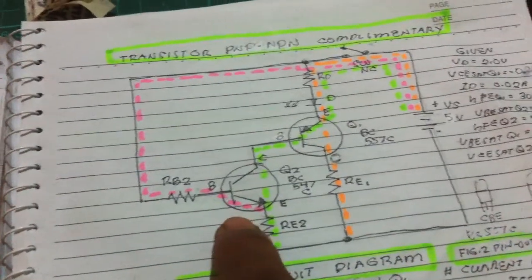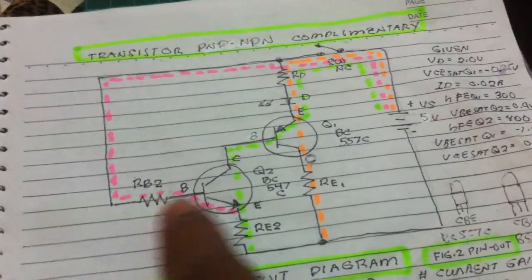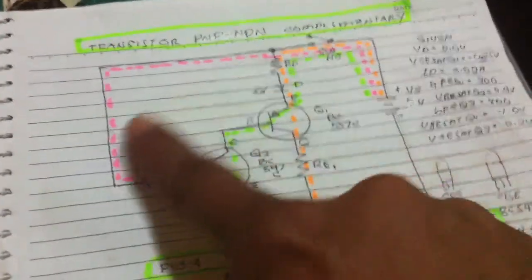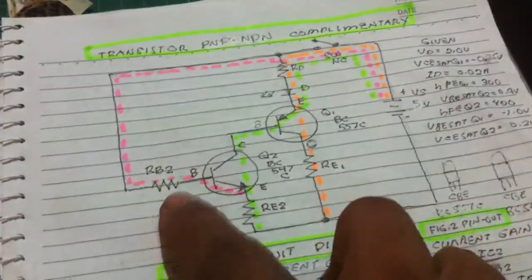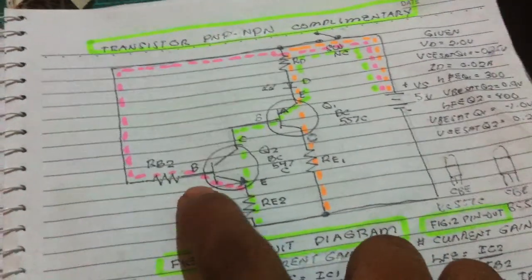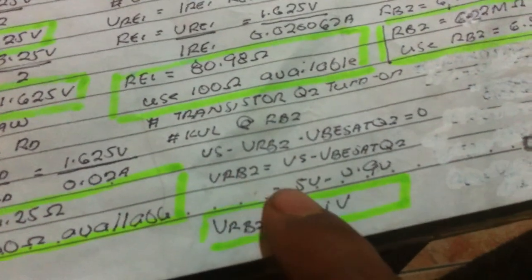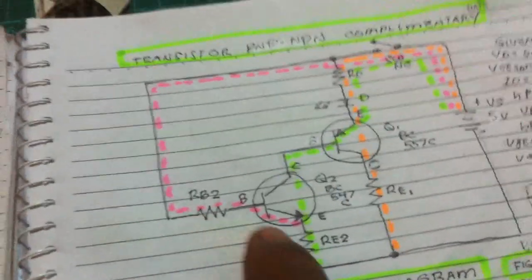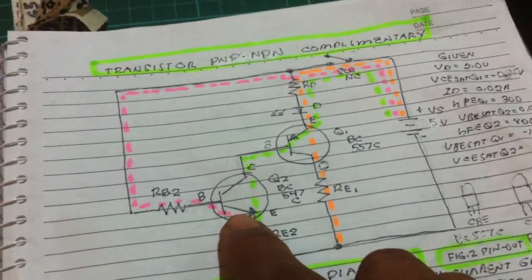We need to know the voltage drop here to conduct this transistor, to switch it on, using KVL or Ohm's law. By substitution, we get 4.1 volts drop by using that formula, just to turn on this transistor, in short.